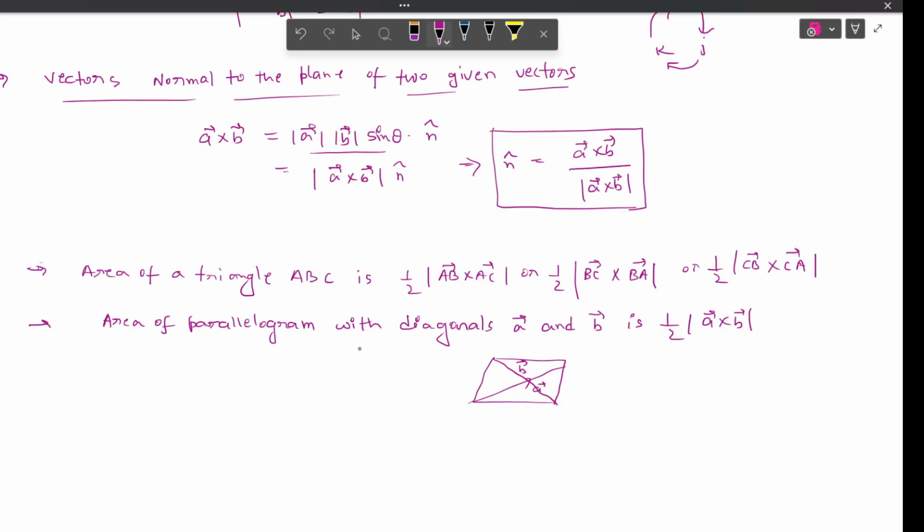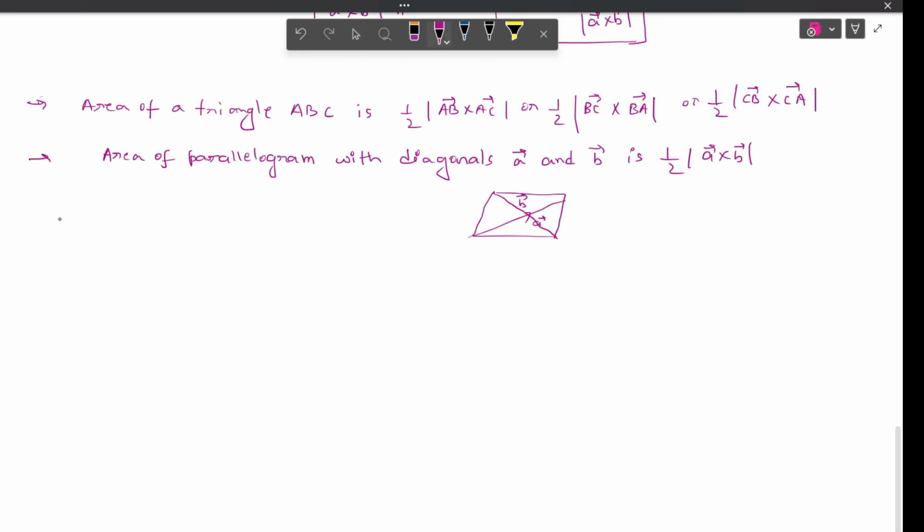Now, if we extend our knowledge, then the area of plane quadrilateral ABCD, let us say our quadrilateral is in this format.